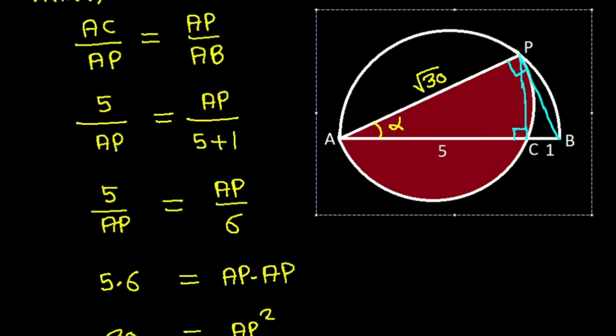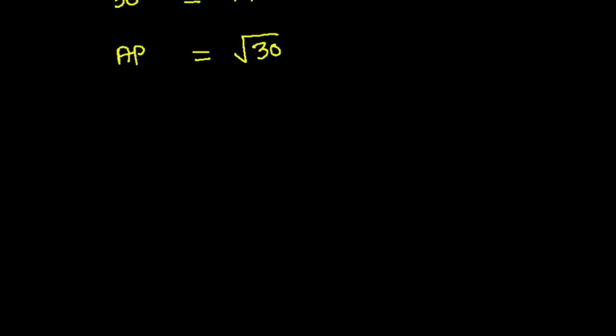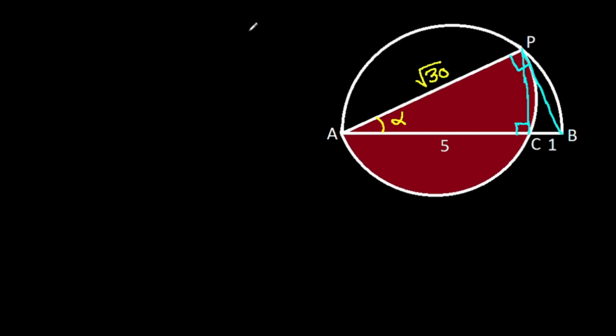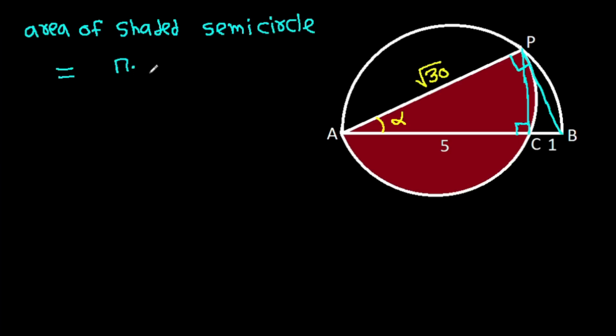Now, the area of the shaded semicircle will be pi times radius square over 2, and the radius is AP over 2.